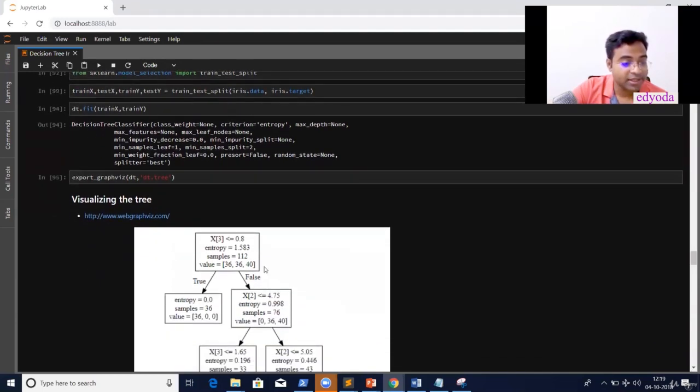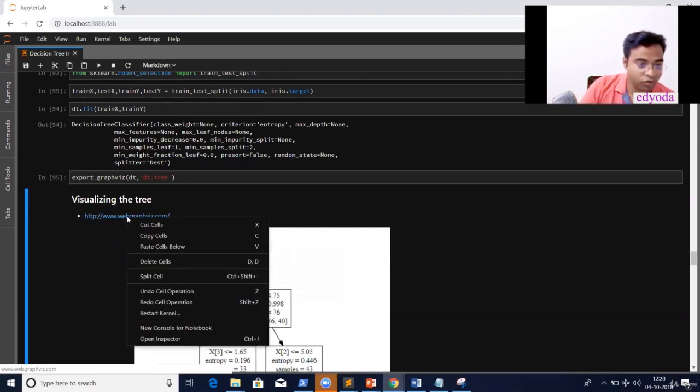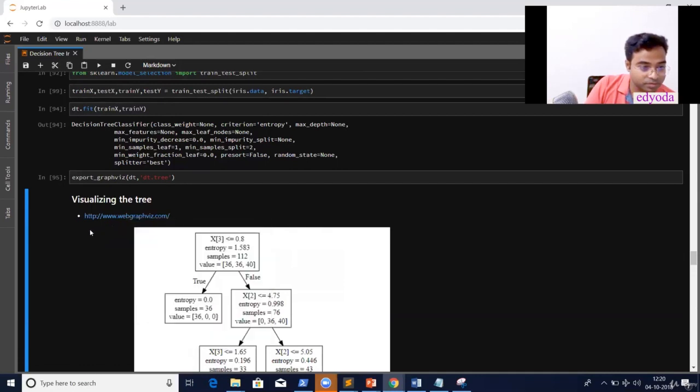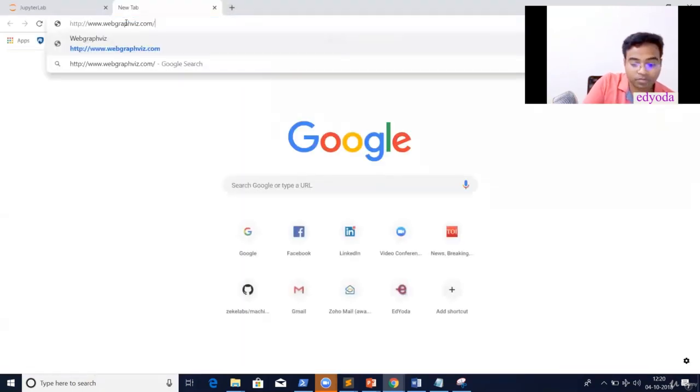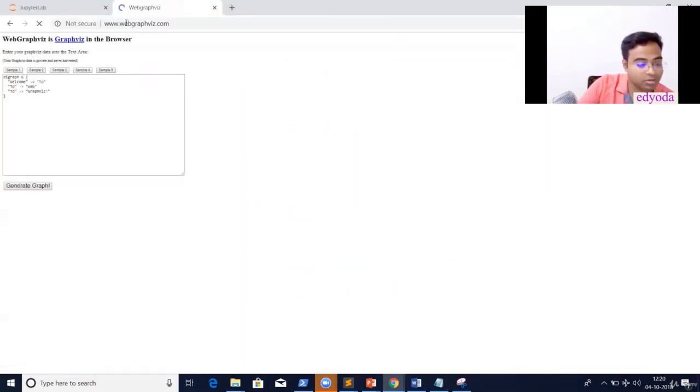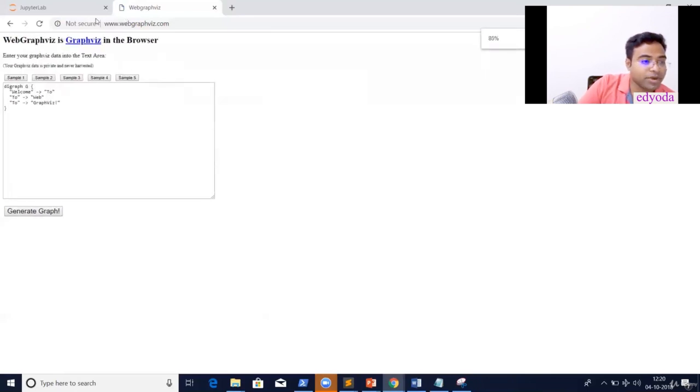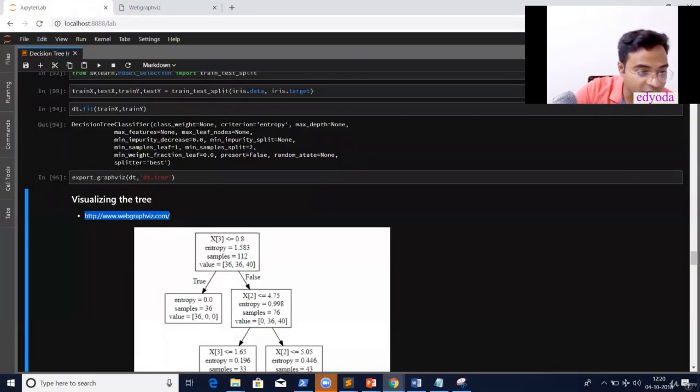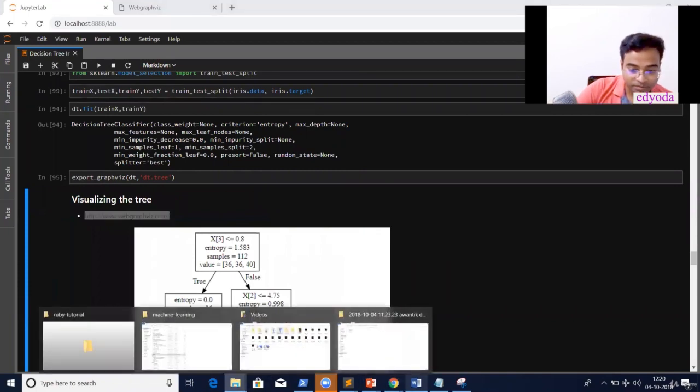And the tree that is generated here, you can actually dump the tree and see that. So this is the web page. When you do this export_graphviz on the decision tree, it generates a file.